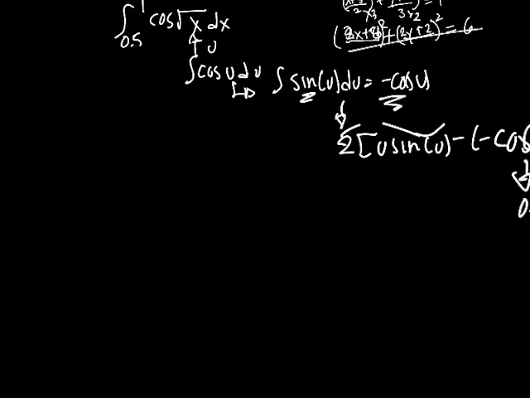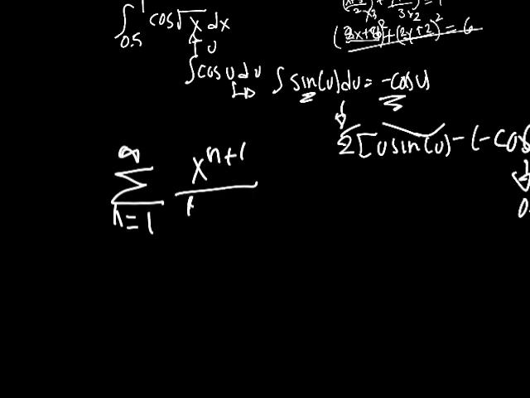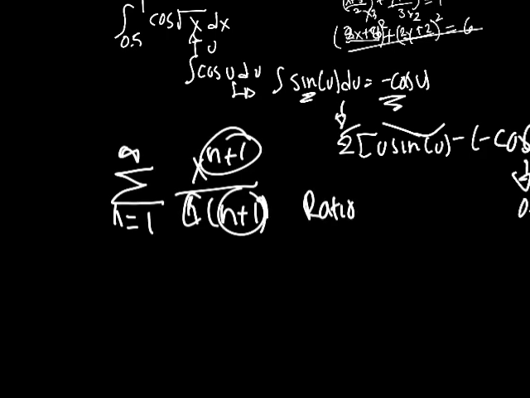Okay. Now for our last test, it's asking us to prove that the interval of convergence is from negative 1 to 1. Let me write that again. So now we can say that this is n plus 1, and we see this here, and we can automatically say ratio test of a of n plus 1 over a of n.